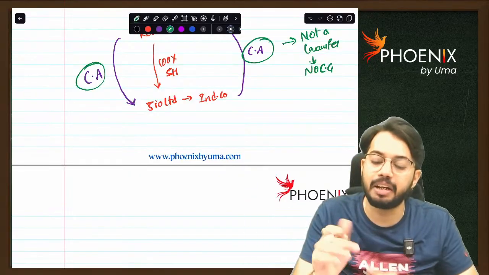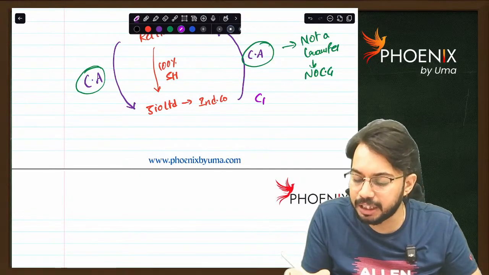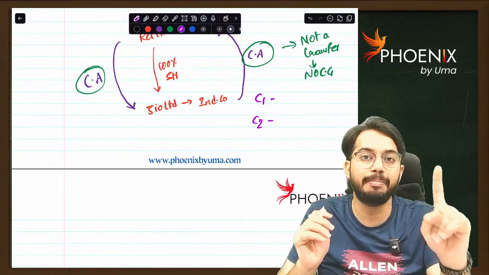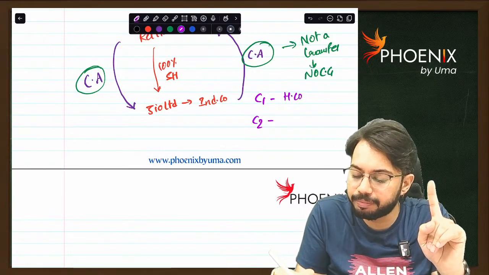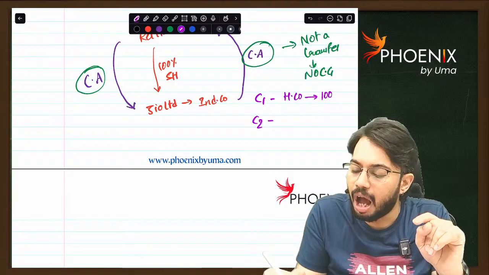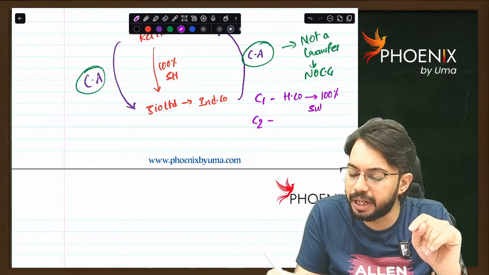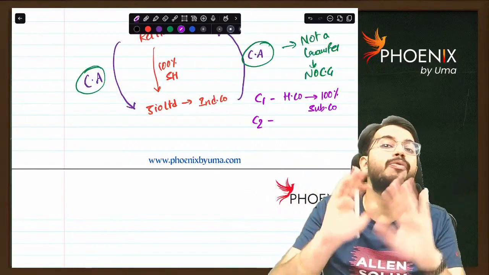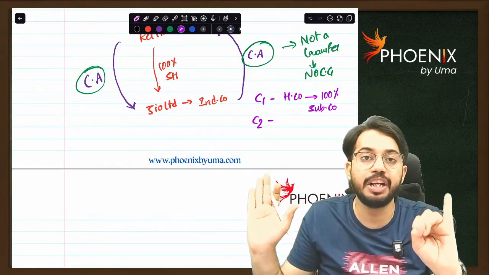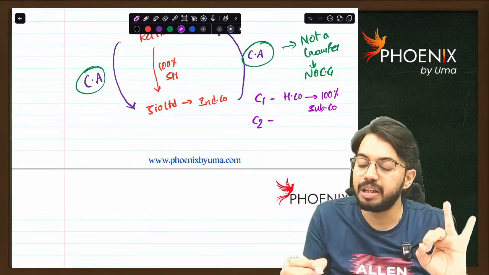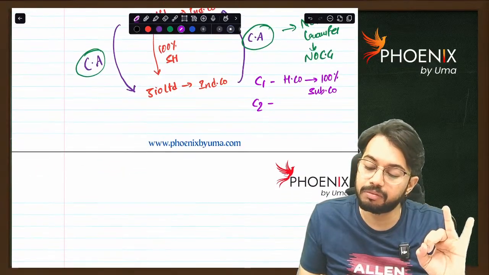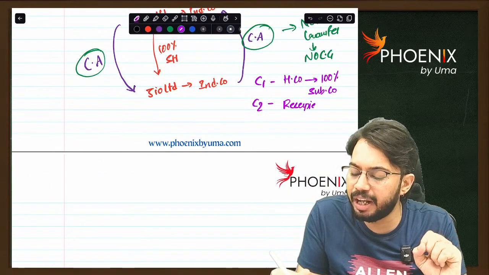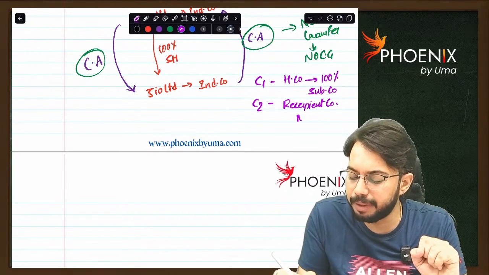No capital gains are required to be calculated, subject to satisfaction of two conditions. What are those two conditions? Condition number one, the holding company shall have 100% stake in the subsidiary company. That means the subsidiary company is a wholly owned subsidiary company. Condition 2 is the recipient company should be an Indian company.